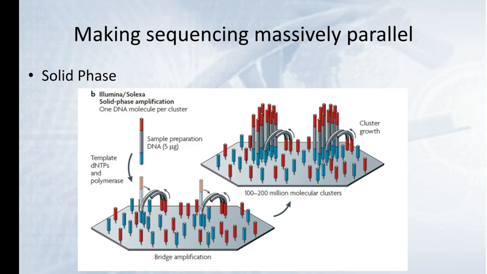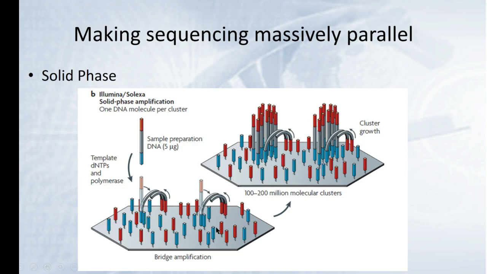What happens, and this is called bridge amplification, is that this original sequence that you have, on the other side, has a different adapter that is complementary to the other primers that exist on the glass slide, randomly placed here. So when that sequence bends over and can anneal, then the copy of the other strand can be made in the next cycle of the reaction.